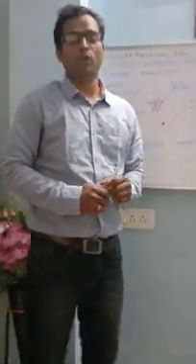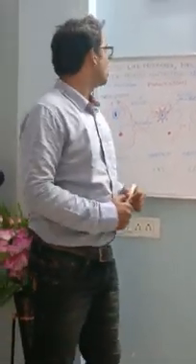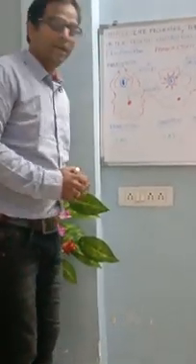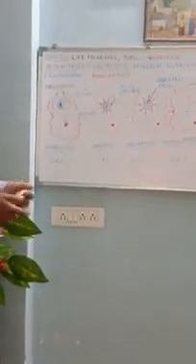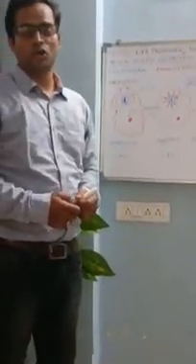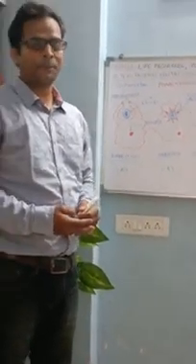Yes friends, so that was all about the autotrophic mode of nutrition. And now it's time to learn the heterotrophic mode of nutrition. When it comes to heterotrophic mode of nutrition, we all know the meaning, right? The nutrition in which organisms do not prepare their own food, they are dependent on others.